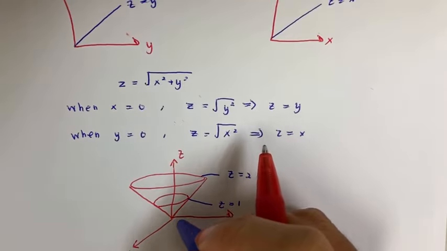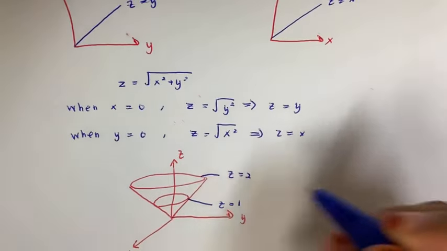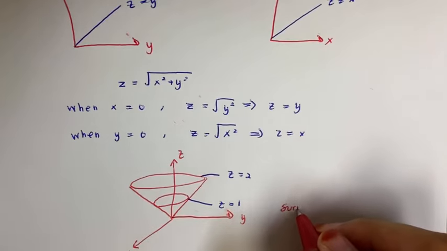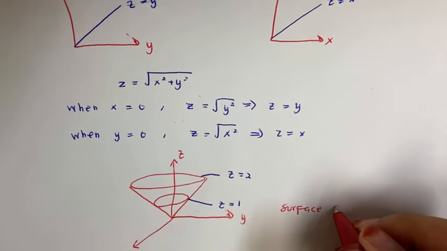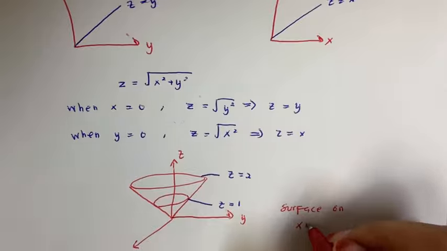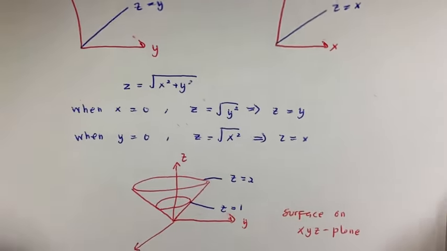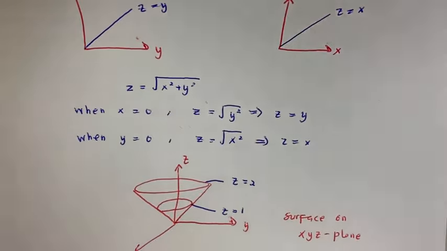For z equal to 0, you have this circle at radius 0. This is the surface on the xyz plane. That's it for the second example.